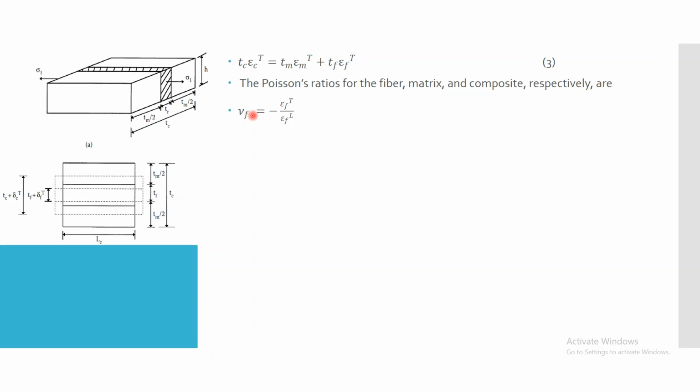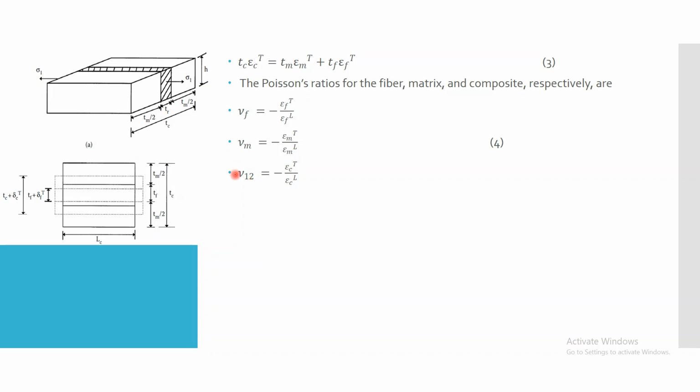So Poisson's ratio of the fiber is equal to minus transverse fiber strain divided by longitudinal fiber strain. Similarly, I can go for the matrix. Poisson's ratio nu M is equal to minus epsilon of the matrix in the transverse direction divided by longitudinal direction strain. And finally, it comes with the composite Poisson's ratio.